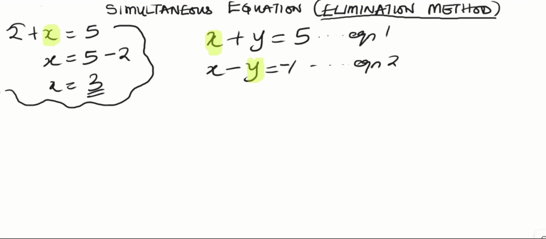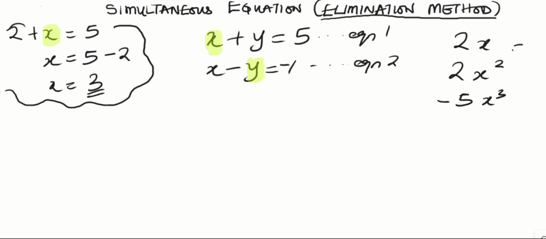Now, when you decide on the unknown variable you want to eliminate, the next step is to check if the coefficients of the unknown variables in both equations, that's equation 1 and 2, are the same. For those that don't know what I mean by coefficient, let me explain quickly. Let's say we have 2x, 2s squared, and then minus 5s cubed, for instance.